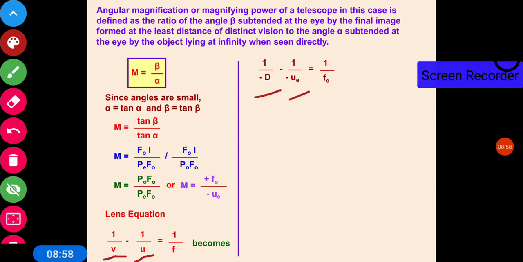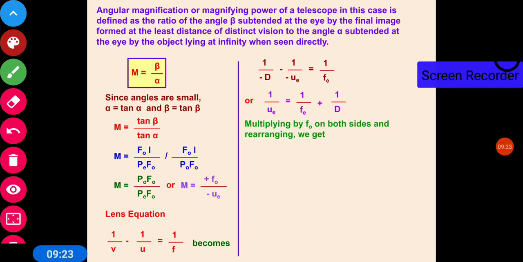According to the sign convention, distances are measured from the optical center, and distances measured in the opposite direction of the incident ray are taken negative. So here U is minus UE, and D is the image position, so it is equal to minus D, and in place of F, that is FE.